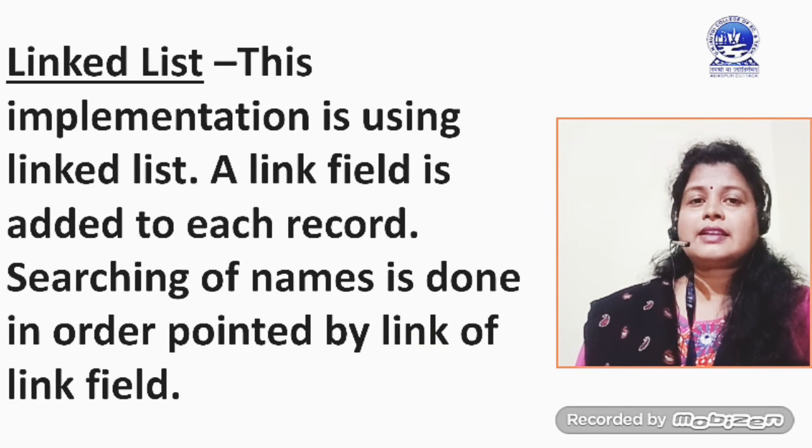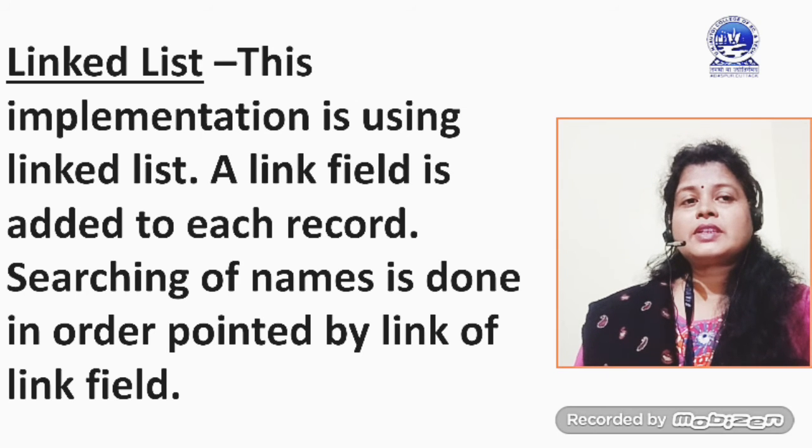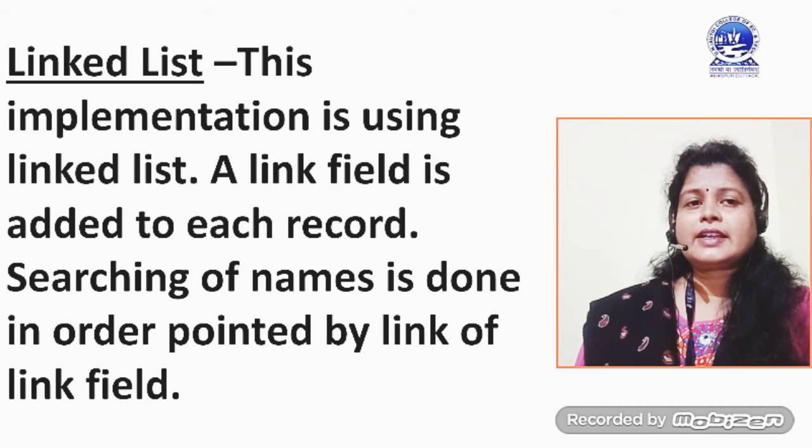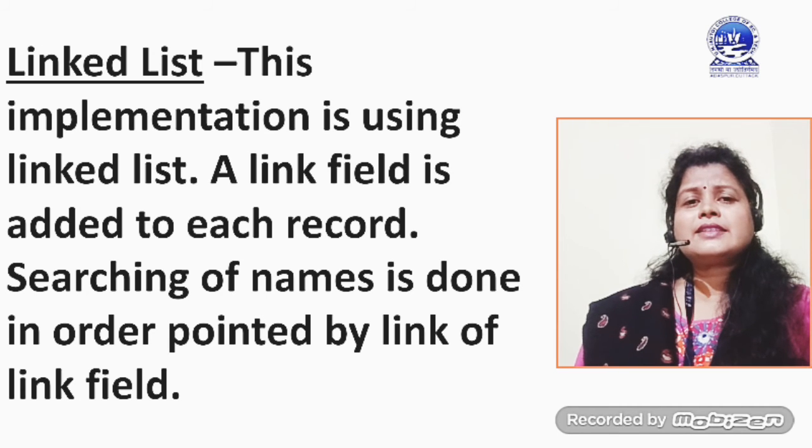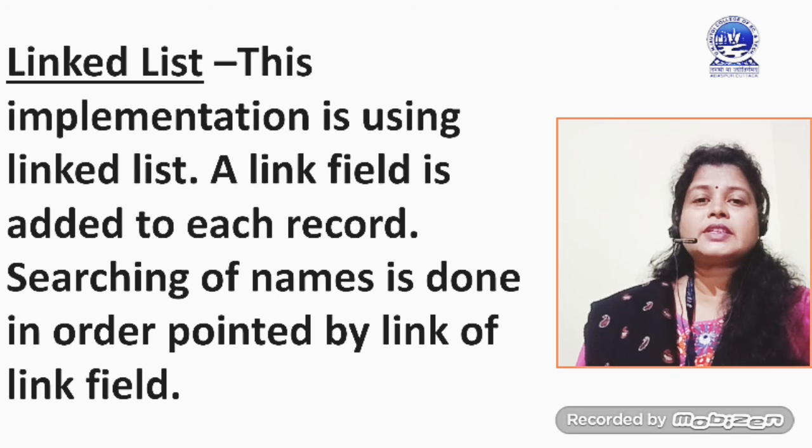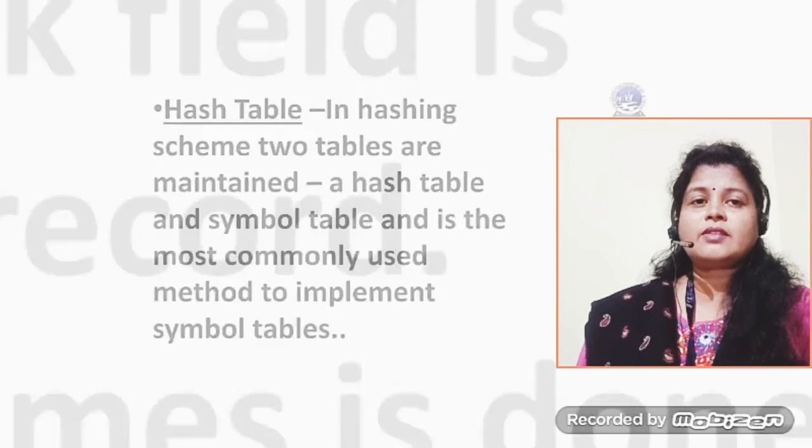Now we will discuss another type of representation, that is linked list. In this representation, a link field is added to each record. Searching of a name is done in the order pointed by the link field. I hope you know about linked lists from data structures, and if you are acquainted with linked lists, a very similar representation is used in the symbol table also.